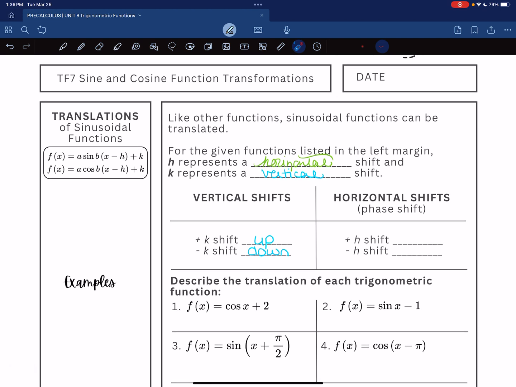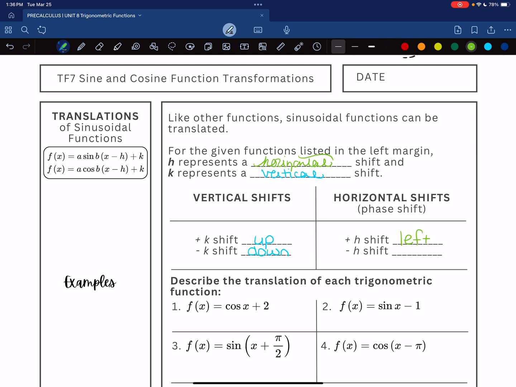Our horizontal shift is also often called a phase shift. What's going to happen there is your cycle is going to begin and end at new points because of this phase shift. That means the moment where this cycle is starting is going to move to the left if you have plus some h value, and that h value is going to be inside of a grouping symbol with the independent variable x, or it might be written with theta.